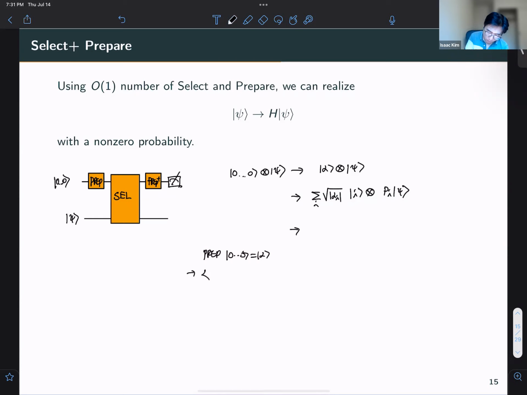Therefore, the bra version is simply the following. So we can view both of these things together as this part, which is alpha.